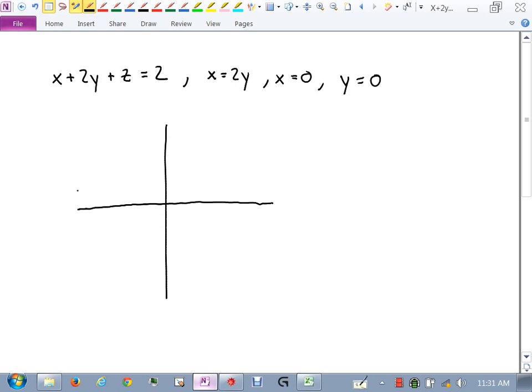This tetrahedron has these 4 conditions on it, right? Let me see if I can figure out what this looks like on the ground. What is this geometrically? x plus 2y plus z equals 2. What is that a picture of?